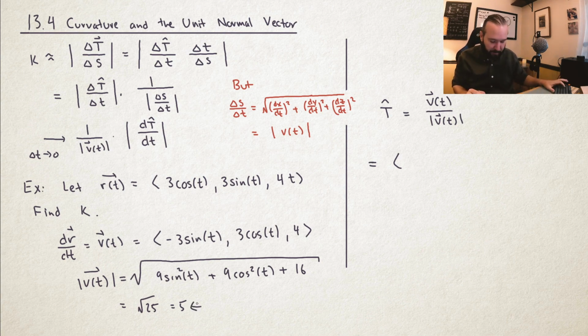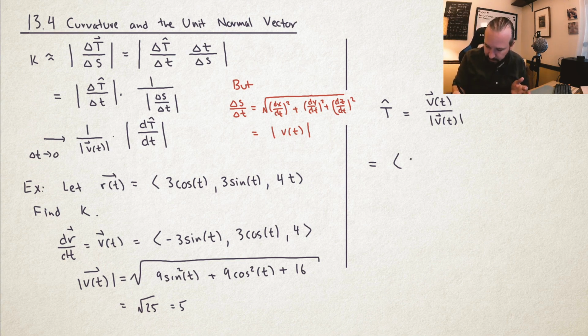Luckily, the magnitude of this velocity was just constant. It's totally possible for you to still have variables left in this, like most of the time you will, but because of this sine squared plus cosine, and because this thing is such a uniform shape as it goes up, this time the magnitude of the velocity is not changing.